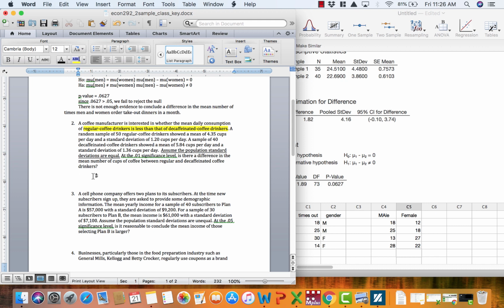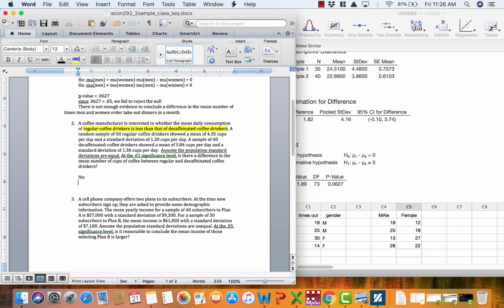All right, so we've got our null saying something and our alternative saying something. Since we read less than in the problem, and that's a strict inequality, that's going to be our alternative. So what we're reading is that mu regular drinks less than mu decaf. Right? That's what we're reading.